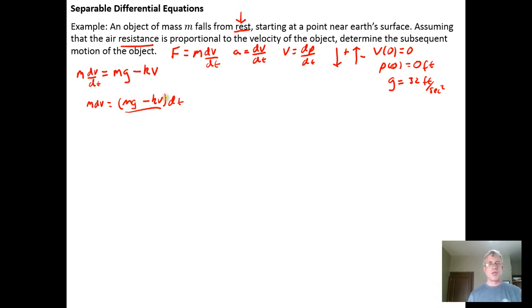So I'm going to divide both sides by mg minus kv. On this side we'll get m over mg minus kv dv equals just a dt sitting on this side. And now I've separated the variables. Everything with the v in it is on the left with the dv, and everything with the t in it is on the right with the dt.